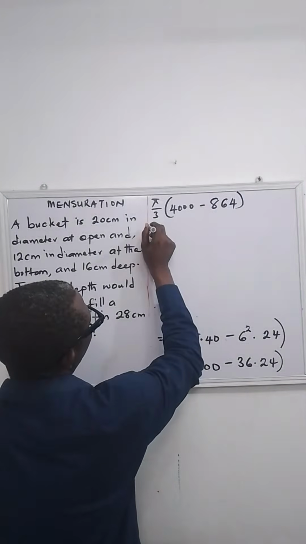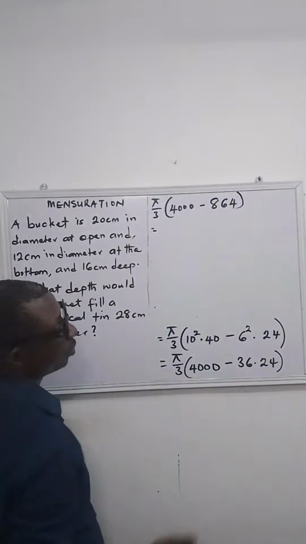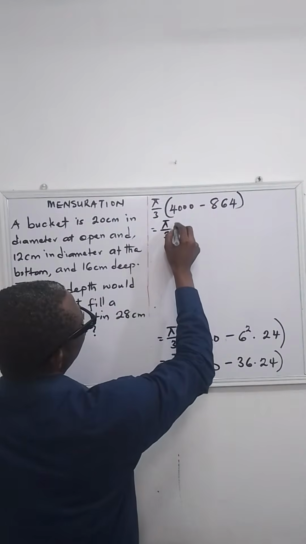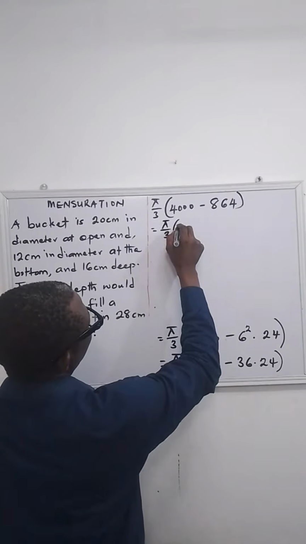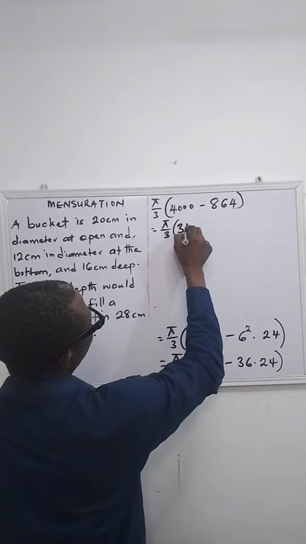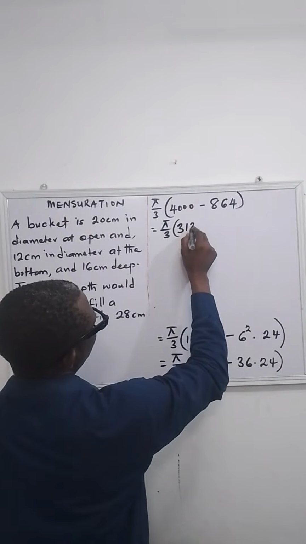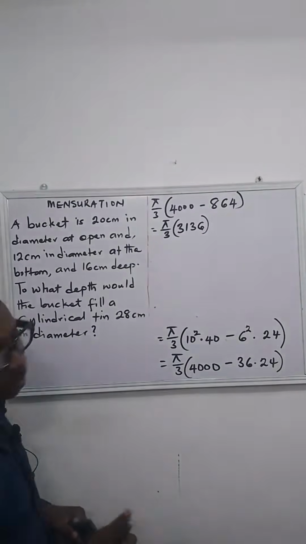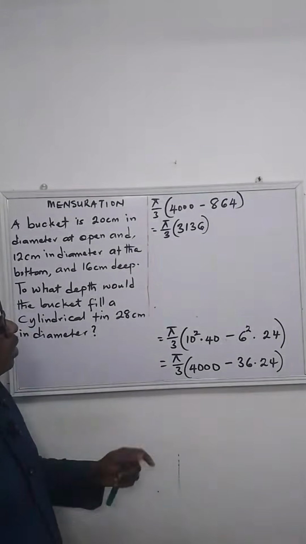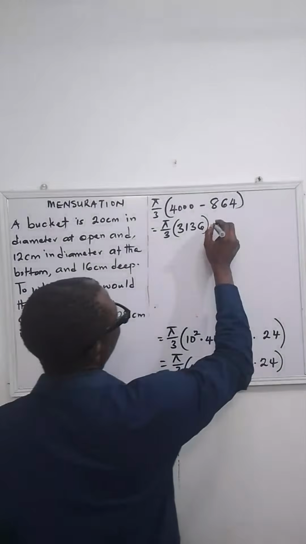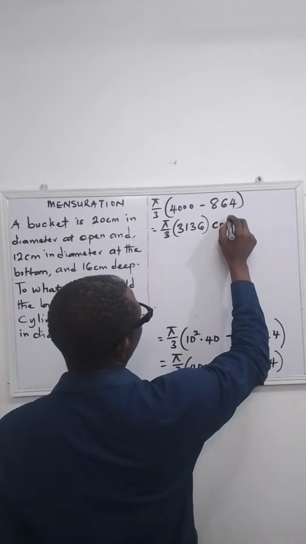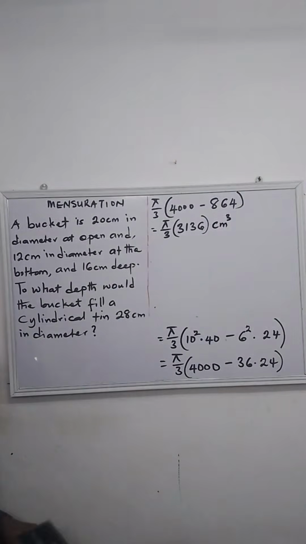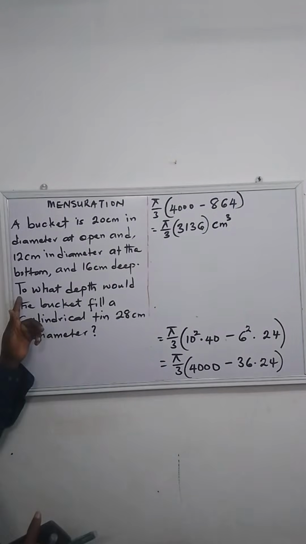Okay, so then now when you subtract, we have pi over 3, and that gives you what? 3,136. So that's what you have. 3,136. Okay, so now this is going to be the volume of the frustum, centimeter cube.